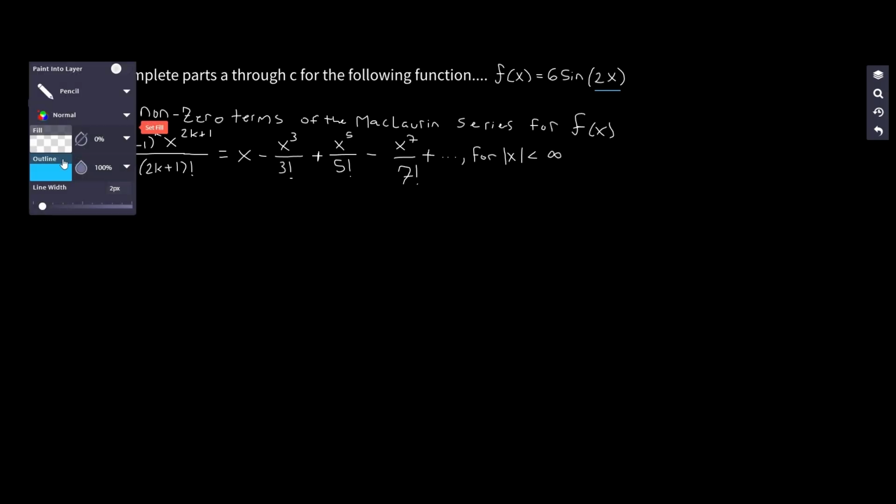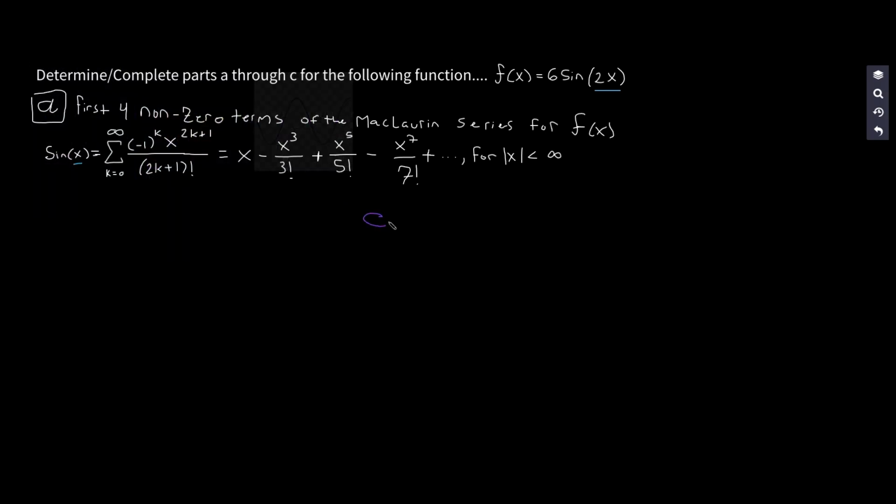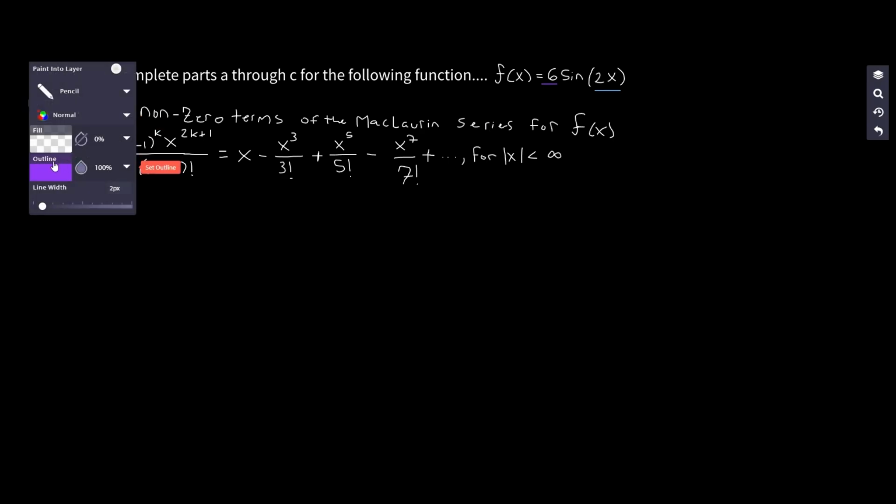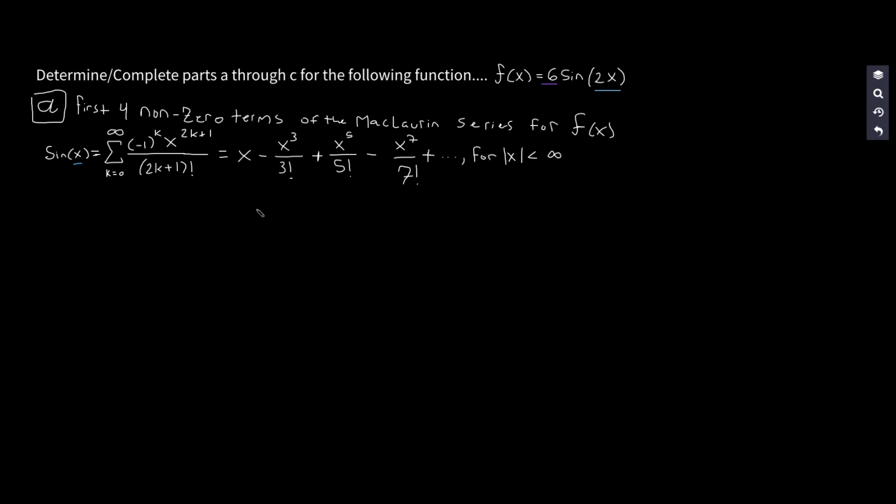And on the outside we have 6, so 6 times sine of 2x. That means that we're going to multiply the entire thing by 6. Let's do the first term.